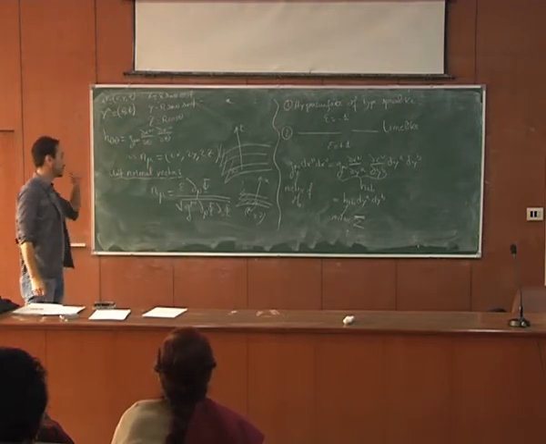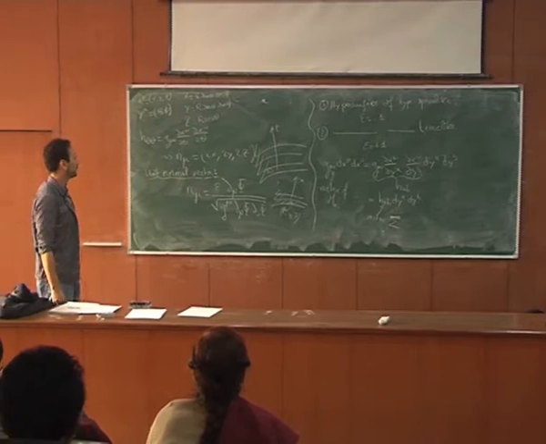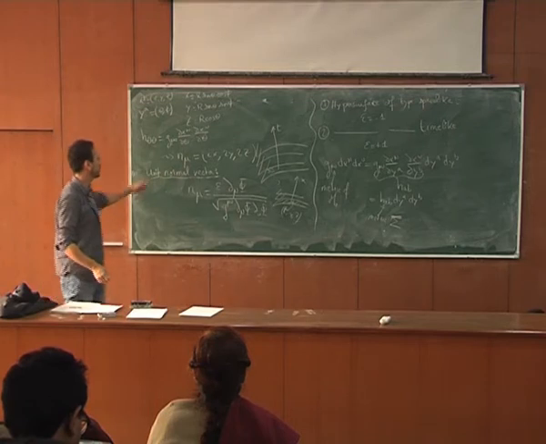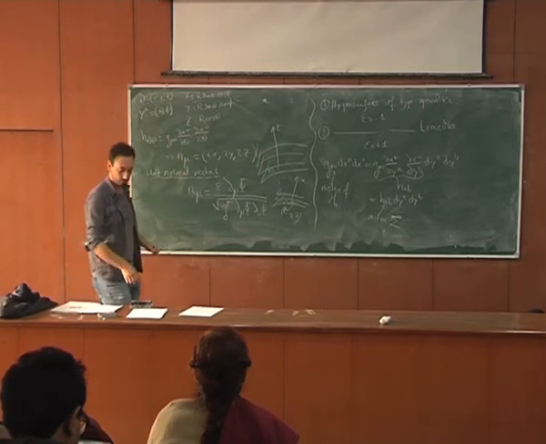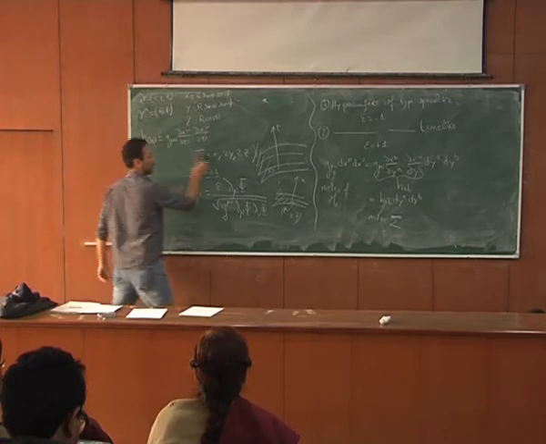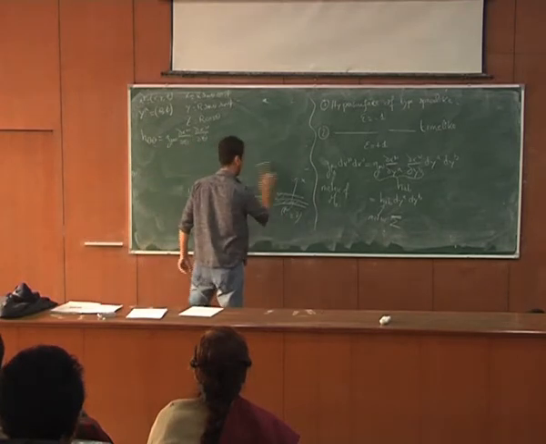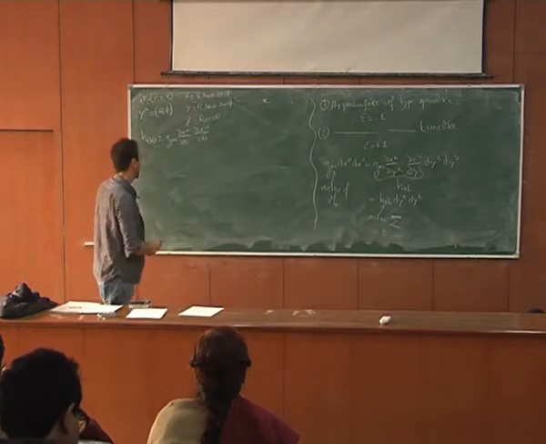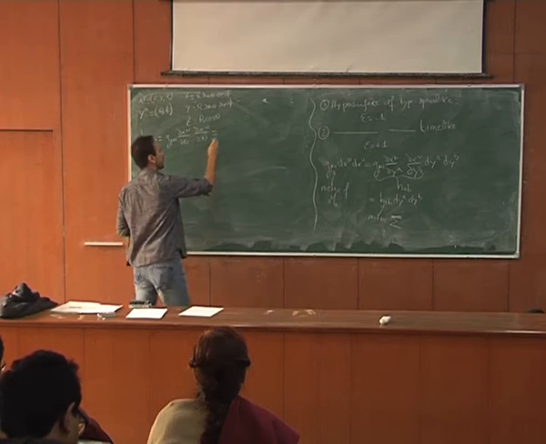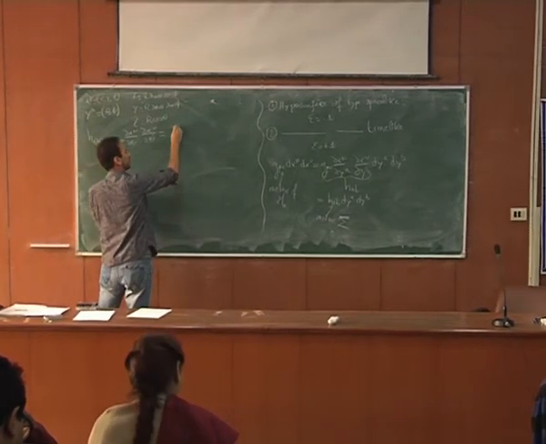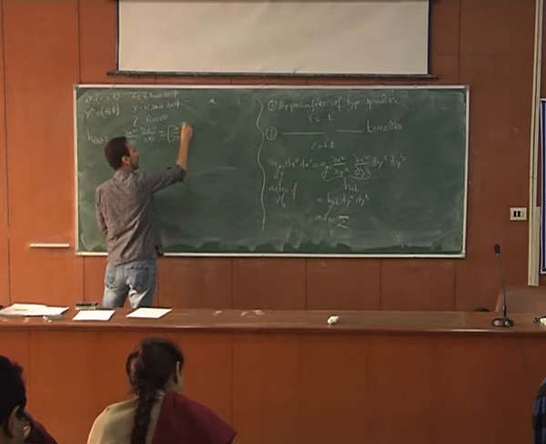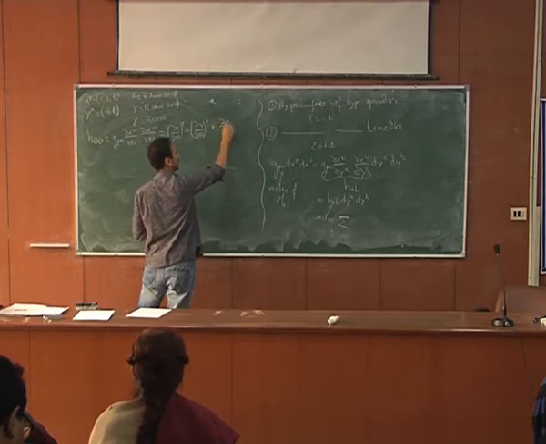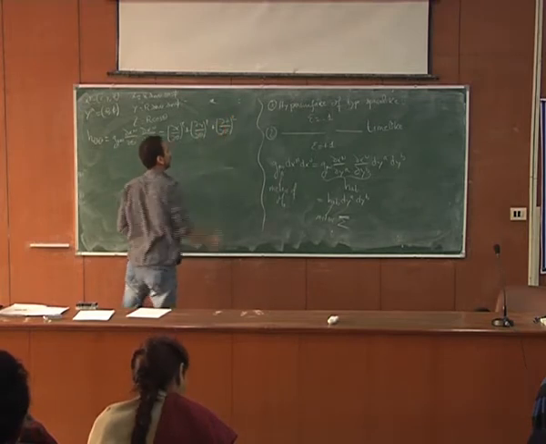Here I'm just using the definition. Now, our space-time is just Euclidean, so the metric is just 1, 1, 1, a diagonal metric. And you get that this is just dx/d theta squared plus dy/d theta squared plus dz/d theta squared.